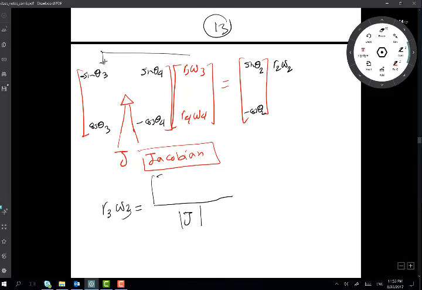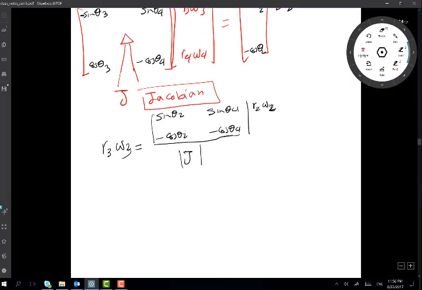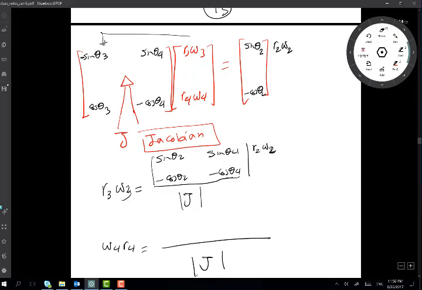I can have sine theta 2, minus cosine theta 2, then sine theta 4, minus cosine theta 4. Outside here I can have a common factor. Then for omega 4, R4, underneath will be the Jacobian determinant, and here I will have minus sine theta 3 and cosine theta 3.